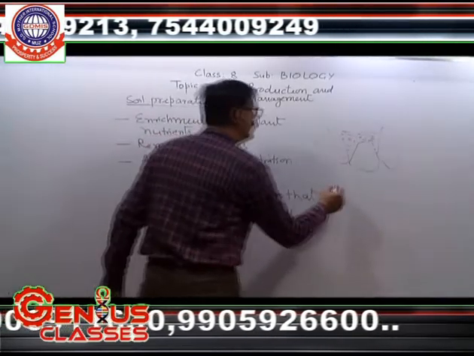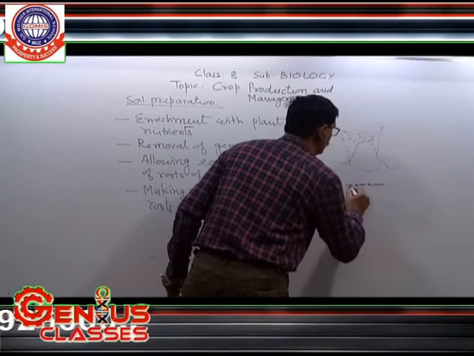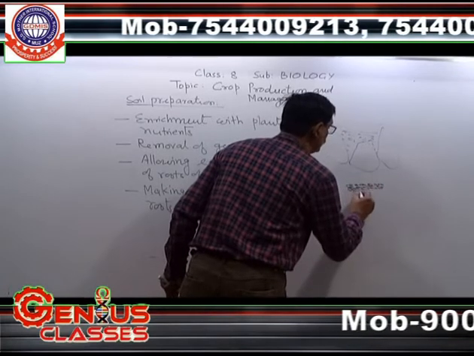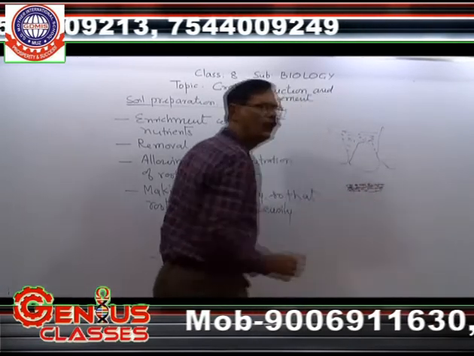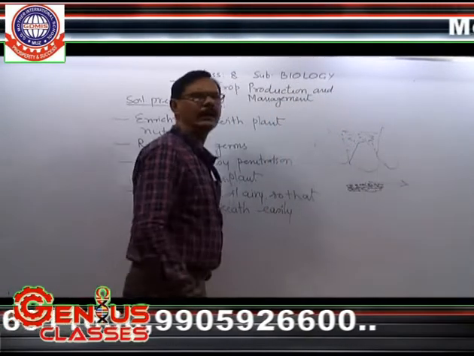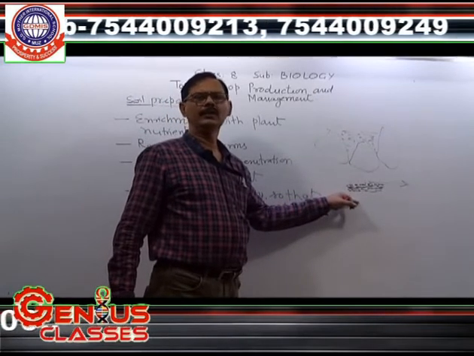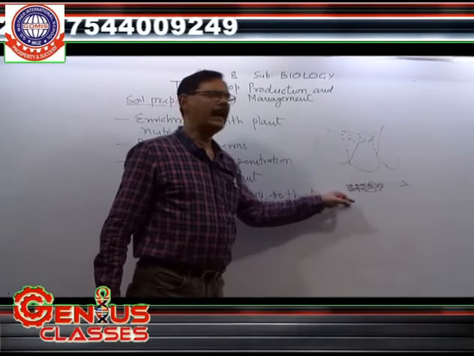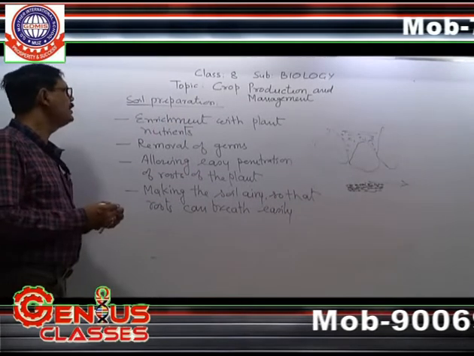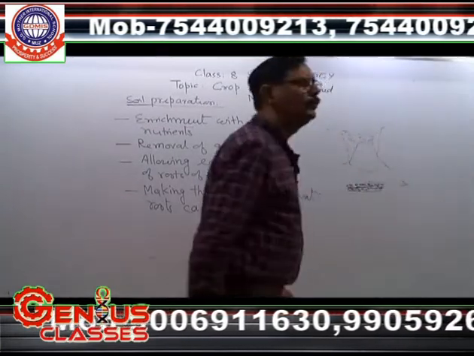But once they are broken down into smaller pieces, the excess of water, if any, will drain away. Only the required part of water will be absorbed or retained by the soil, and all these requirements will be fulfilled. So for this reason, after turning, the soil is to be leveled.